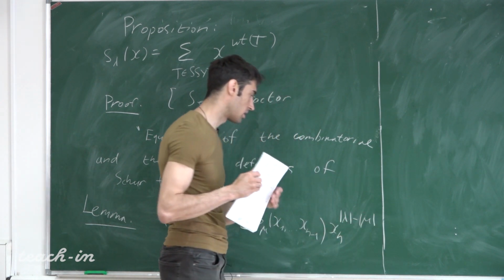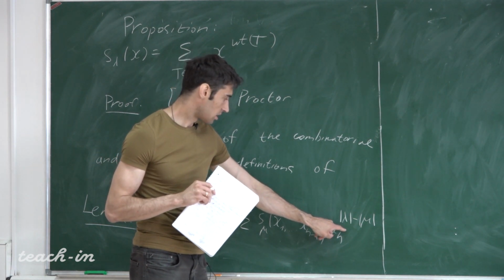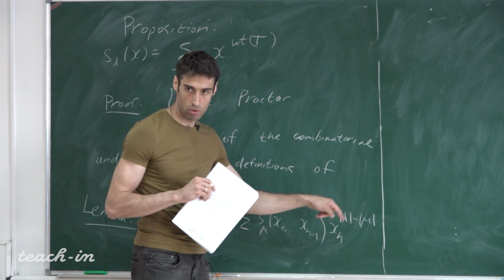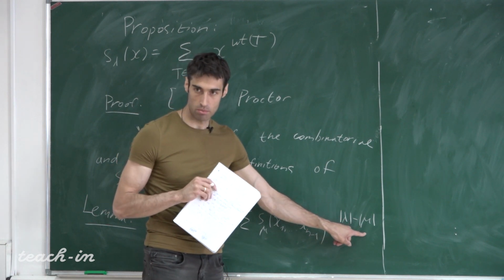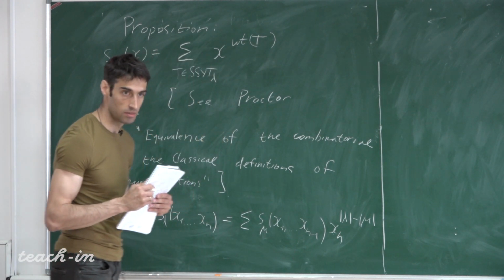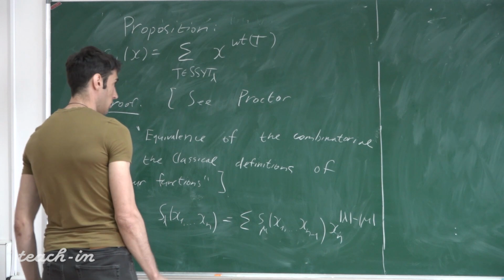Recall that this was the notation for the sum of all lambda i's minus the sum of all the mu i's. Okay, proof of lemma.